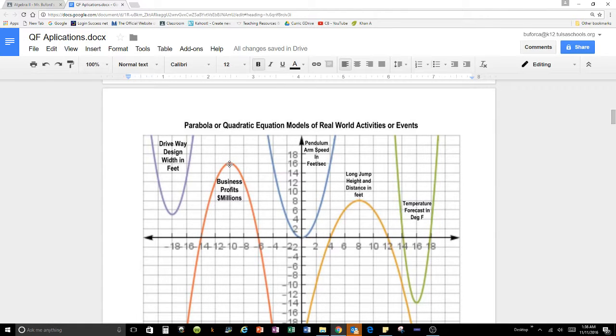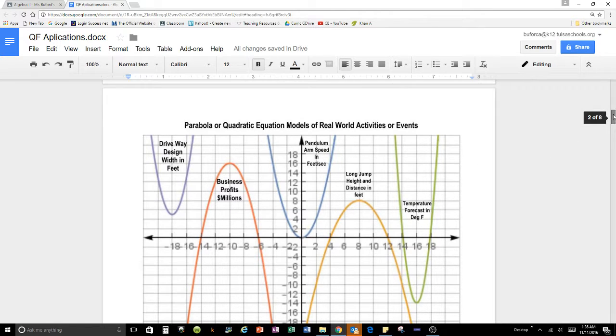So once you have the h value, which is the horizontal distance from x equals 0 out to the vertex, that distance represents the h value or the x value equaling the line that cuts the parabola perfectly in half, so that you have symmetry on both sides of that line.